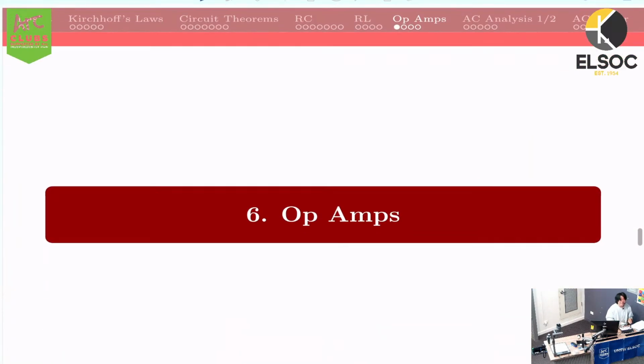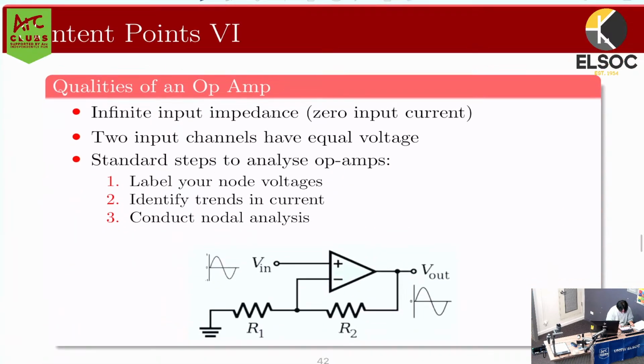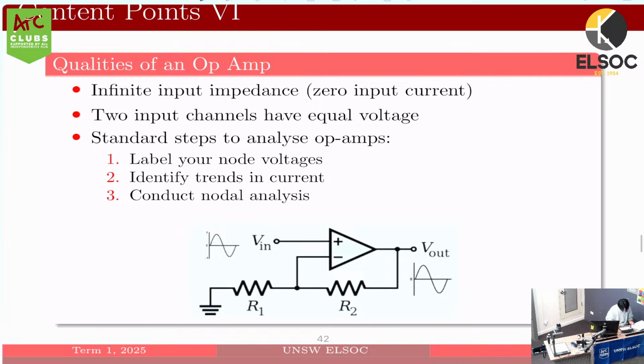Fantastic. Next we'll be moving on to op-amps. You would have learned that an op-amp has many, many qualities. However, right now, we'll only ever be concerned about two. The first one is that it's got infinite input impedance, so there's going to be zero input current going into the op-amp. If I label on here, these two currents are going to both equal 0.